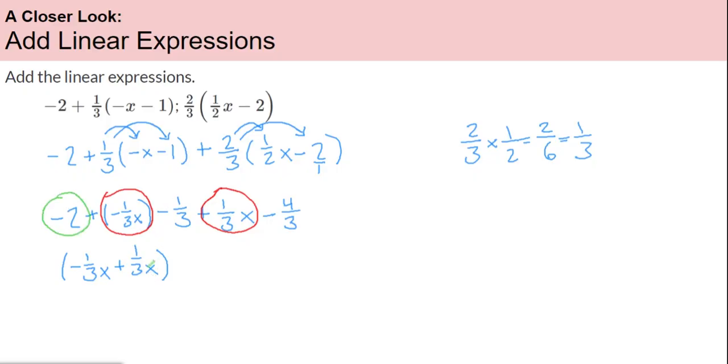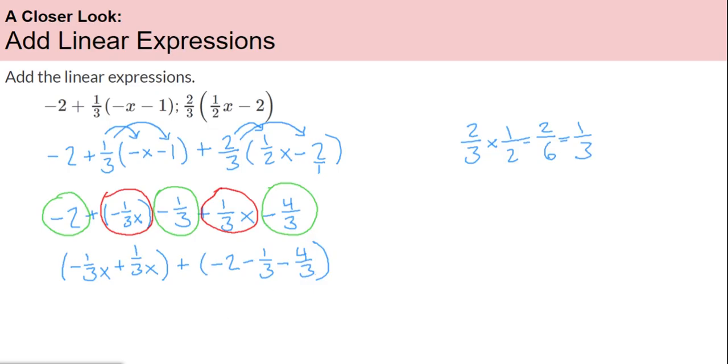What else will go with -2? -1/3 and -4/3. So you can see I have a couple of things that I'm going to put in this next parenthesis. So let's add -2 minus 1/3 minus 4/3.